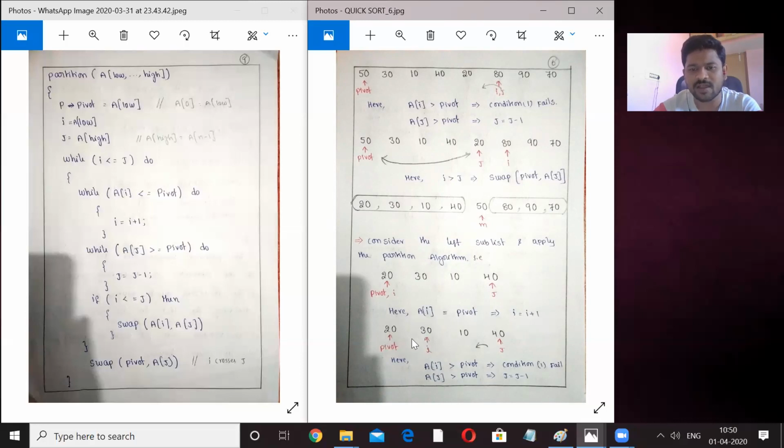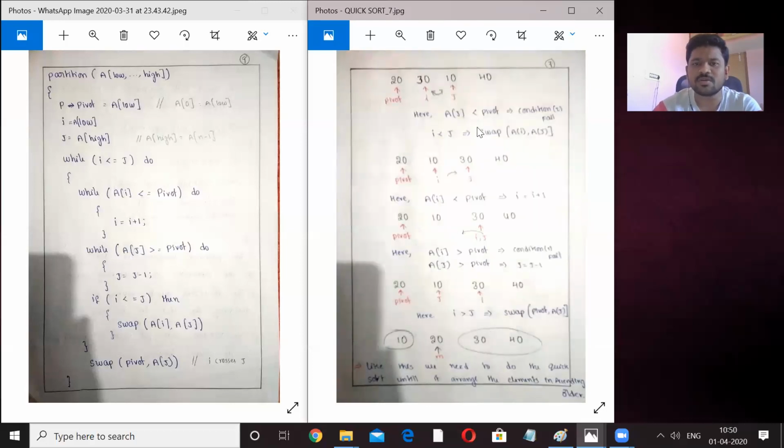Here A of I is 30 and my pivot element is 20. So the first condition fails and it will check the second condition in terms of j. Here A of j is equal to 40 and my pivot element is 20. A of j is greater than pivot, so j will be decremented.